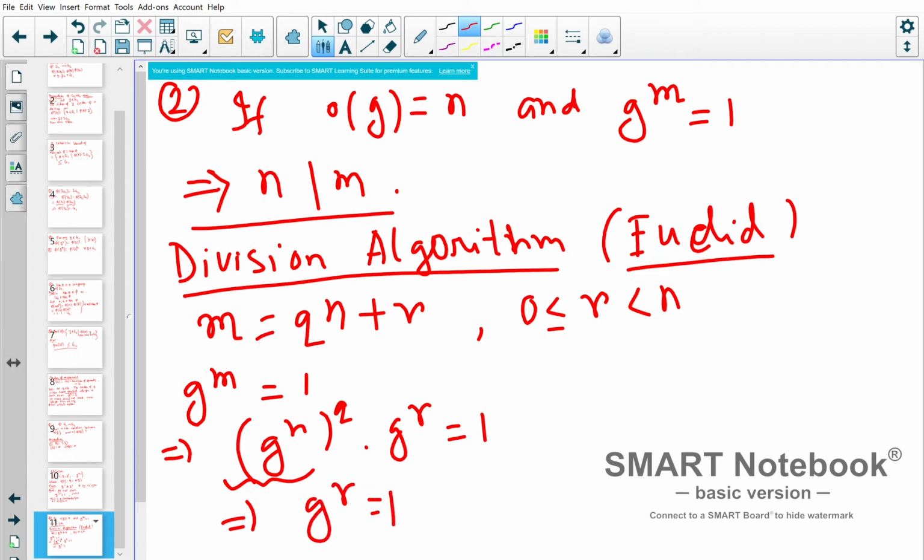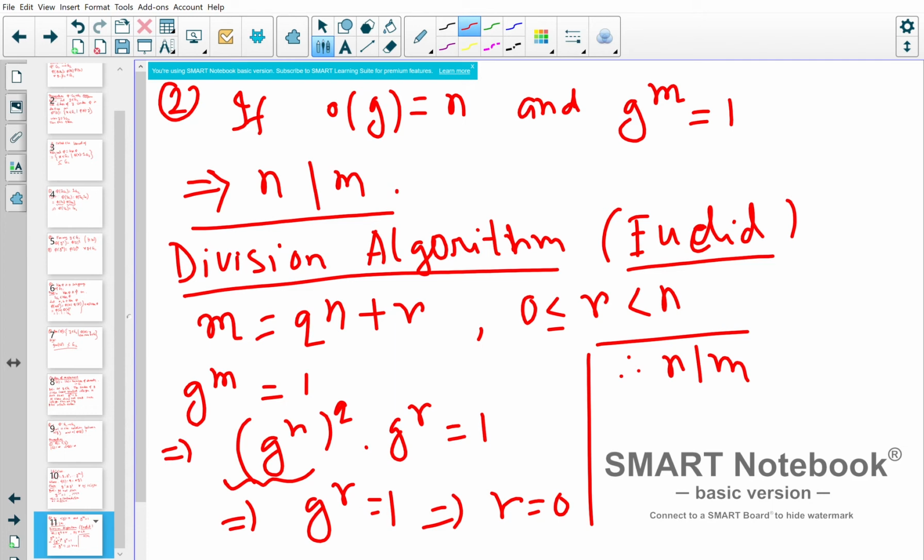Okay, and the only option for the solution will be r equal to 0, because if r is not 0, then it will be a positive integer which is less than n, and that contradicts the fact that order of g equals n. So this gives r equal to 0, and r equal to 0 means n divides m. So these are simple proofs. Okay, you can easily find out these proofs.